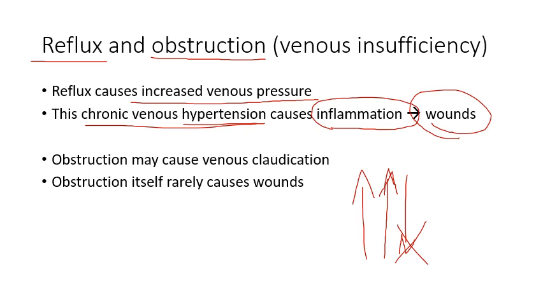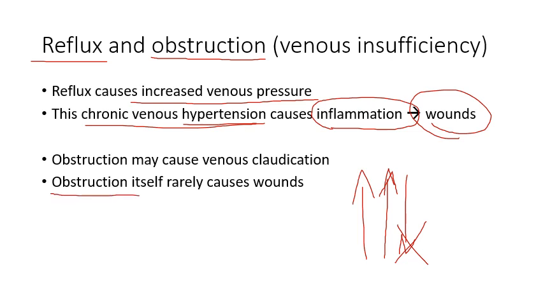So the patient might feel that the leg is going to swell up whenever he or she is walking, but whenever they're standing or in really slow movement, they might not have any chronic hypertension in the leg, at least not to the level that causes wounds.